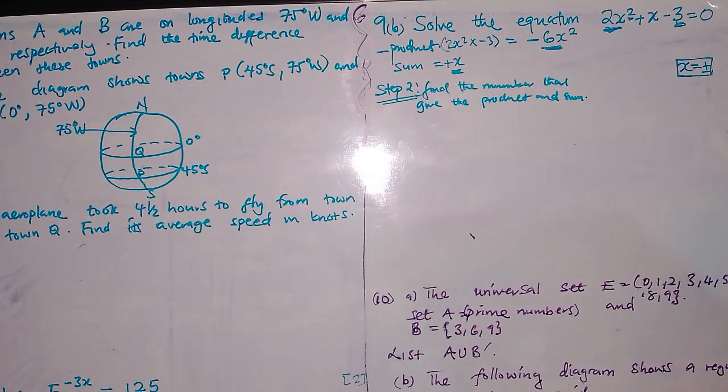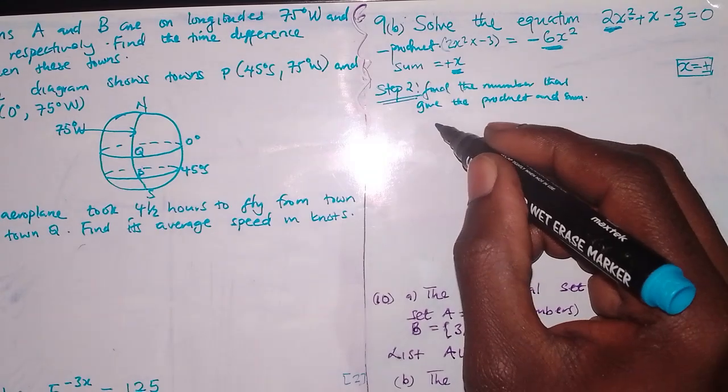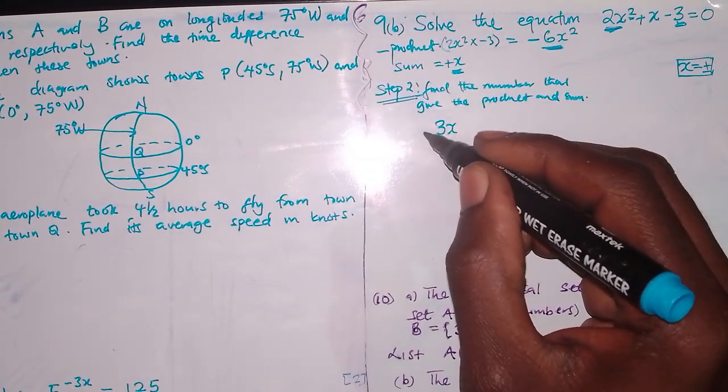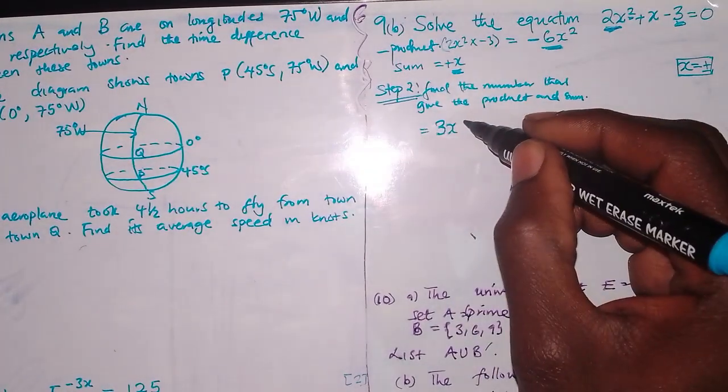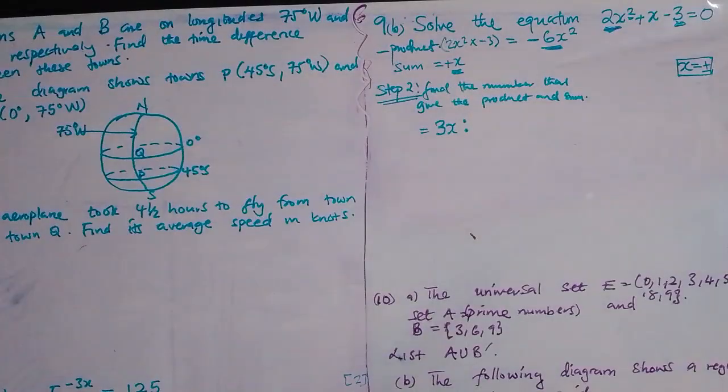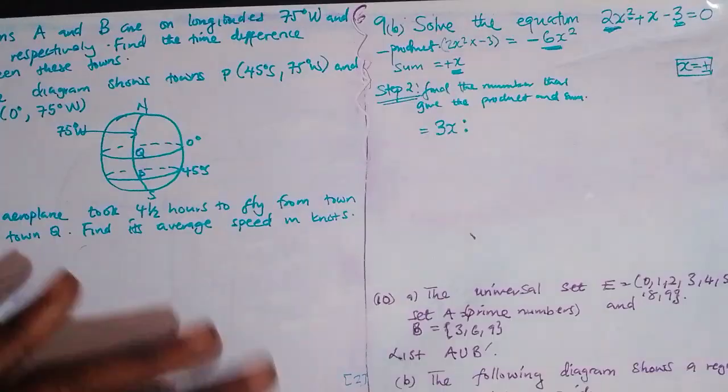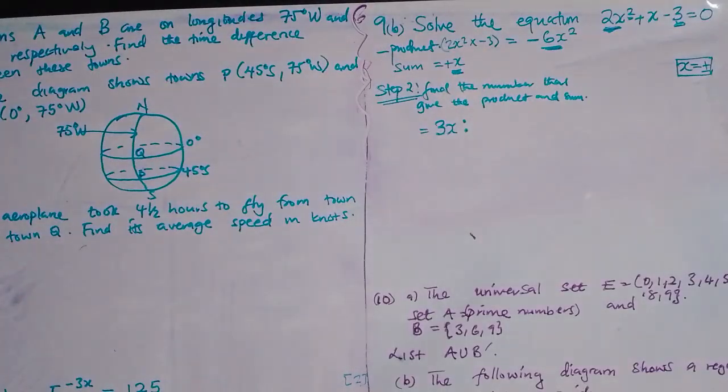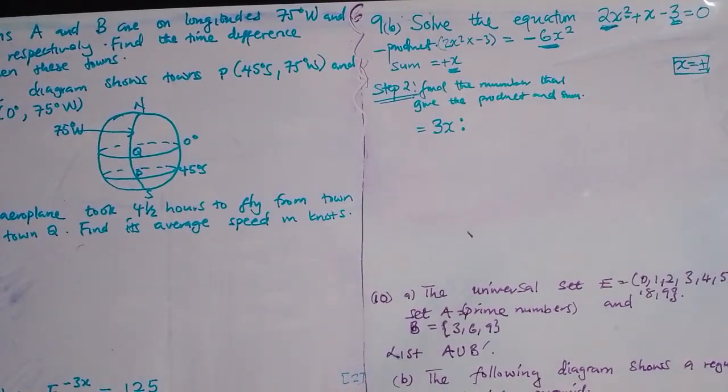Of course, our first number is positive 3x. Then our second number is negative 2. Why am I saying that it is negative 2?